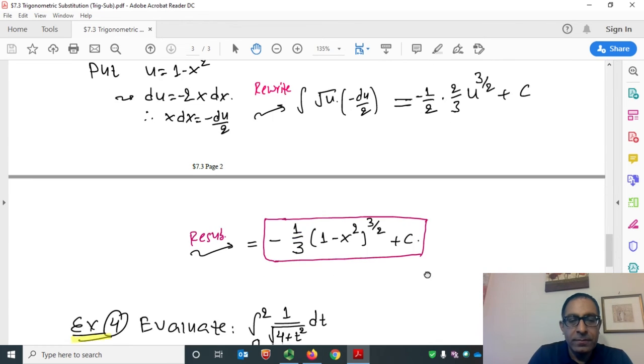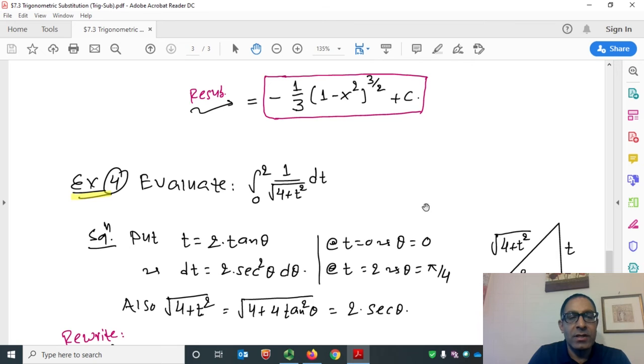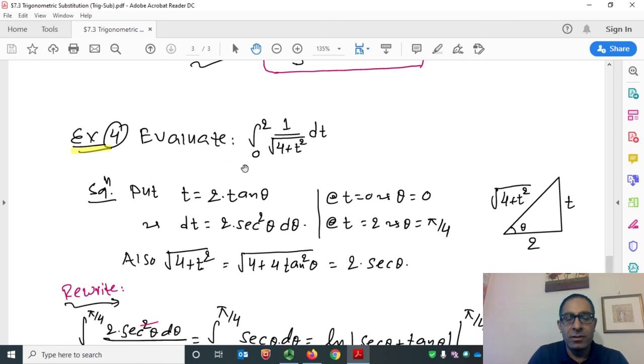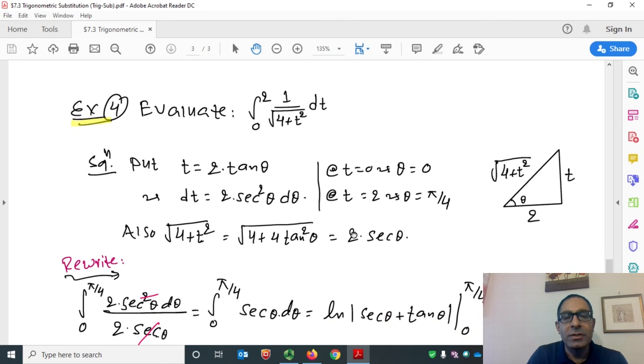Now let's continue. This time let's evaluate a definite integral. The integral going from 0 to 2 of 1 over radical 4 plus t squared dt. So it's a good candidate for putting t equals 2 tan theta. So then put t equals 2 tan theta.